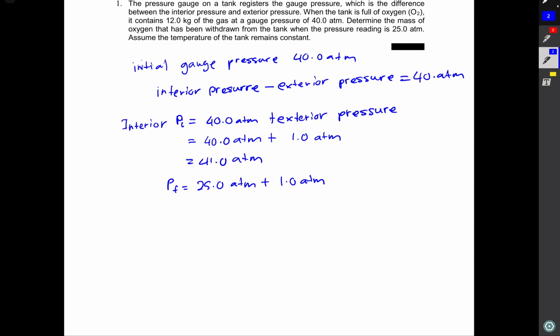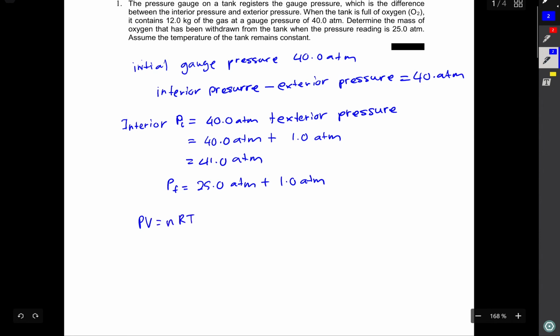Okay, so what we're dealing with here: initially the tank is at 40 atm pressure, and it contains 12 kg. If we refer to the ideal gas, we assume that this is an ideal gas condition. So PV equals nRT.